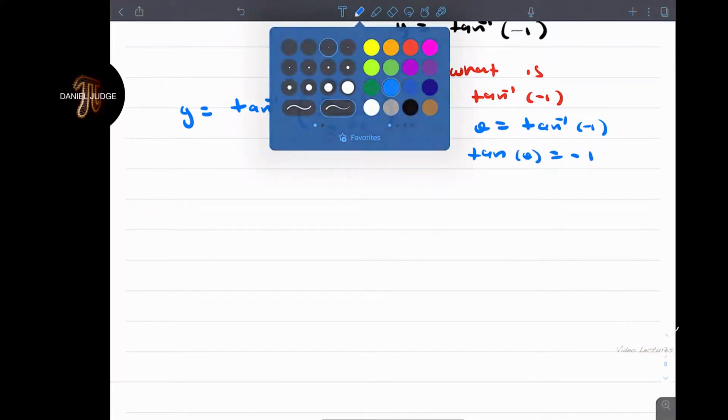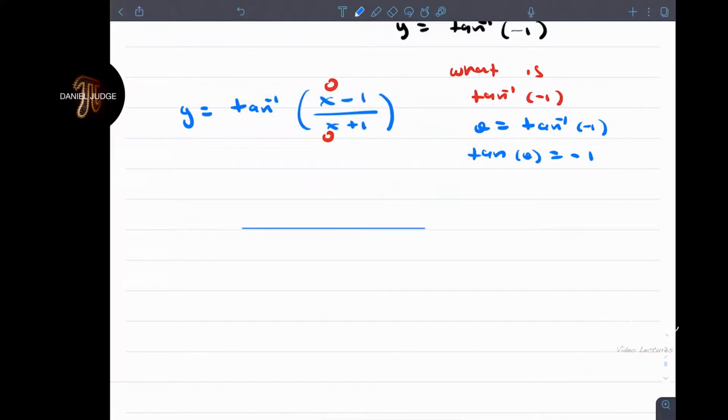And so remember this tangent function, if it's going to be invertible, you want to try to remember when this is. So essentially this is pi over 2 to minus pi over 2.